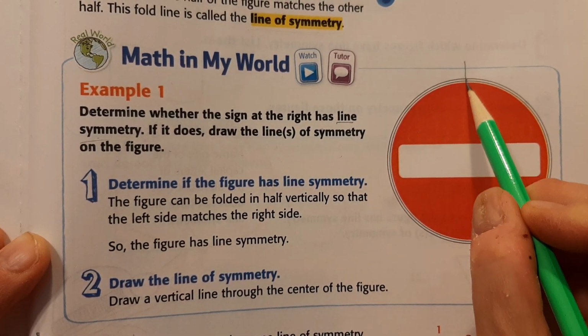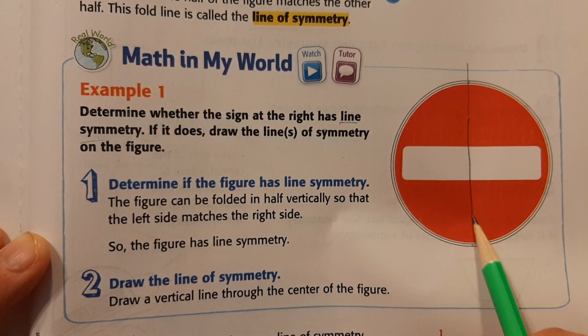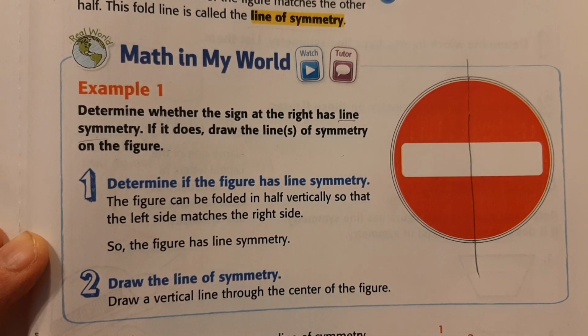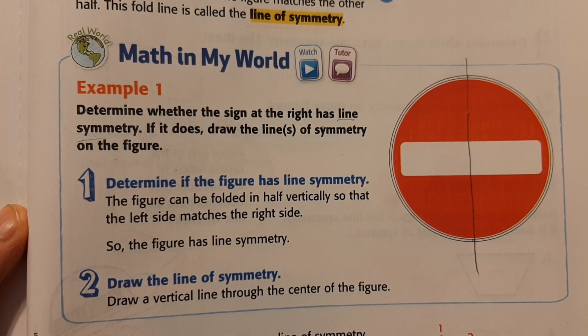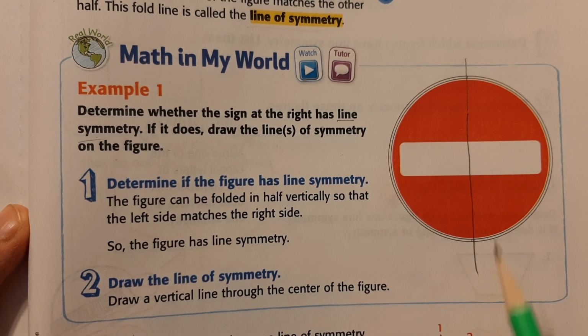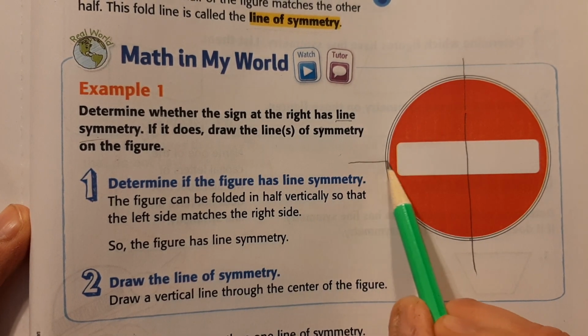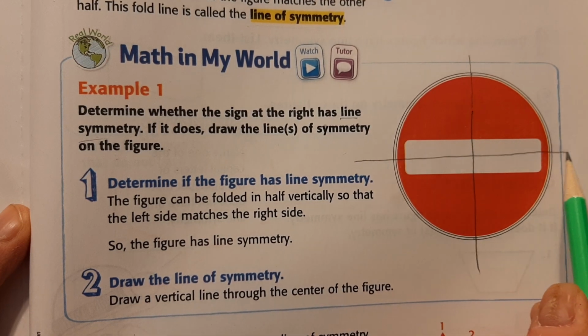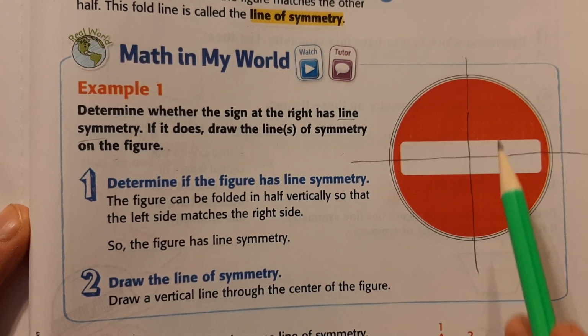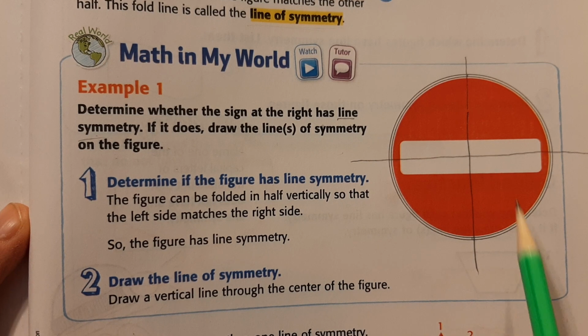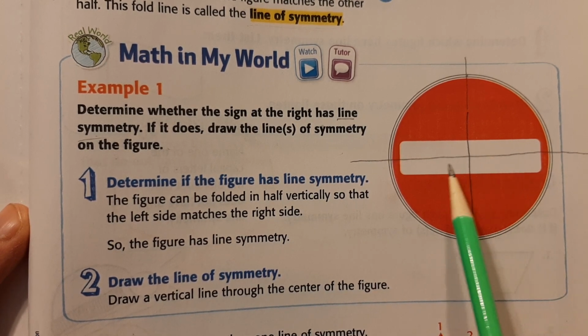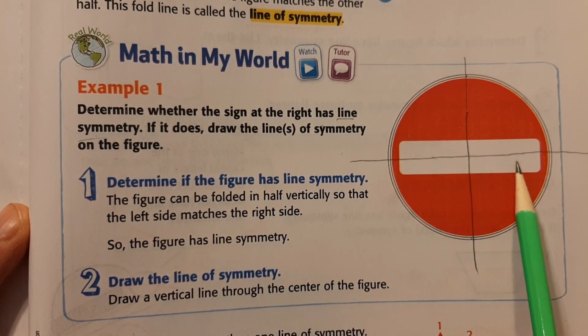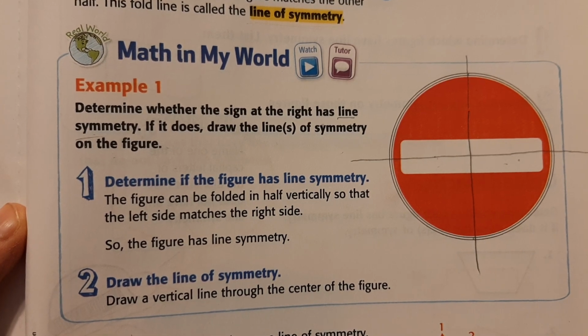The line of symmetry is the line you draw down the middle. Now this one is interesting because it actually has more than one line of symmetry. You could draw it across this way as well. So this circle has actually two lines of symmetry. Because of this square in the middle, you have to be a little careful about that.